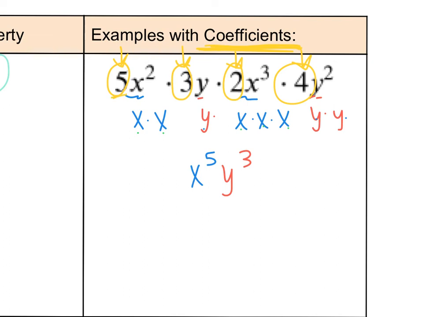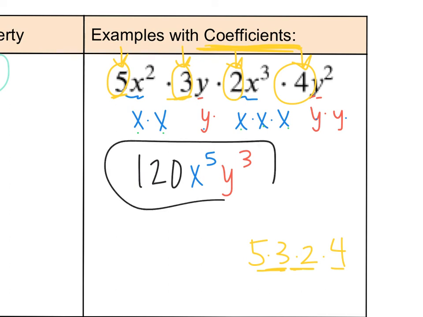So we're going to go 5 times 3 times 2 times 4. So that's 15 times 2 is 30. And 30 times 4 is 120. So this is our final answer. It would be optional to put multiplication signs between them all. And we should put the number out front, the coefficient goes out front, and then my letters go alphabetically.